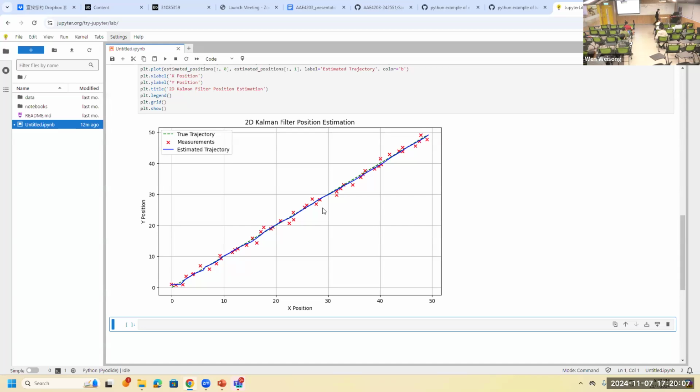So the state update equations: the first equation is the so-called residual, where z is the measurement. This is a GPS measurement, for example, minus Hxk minus, and xk minus comes from the prediction equation. So let me finish the equation first.